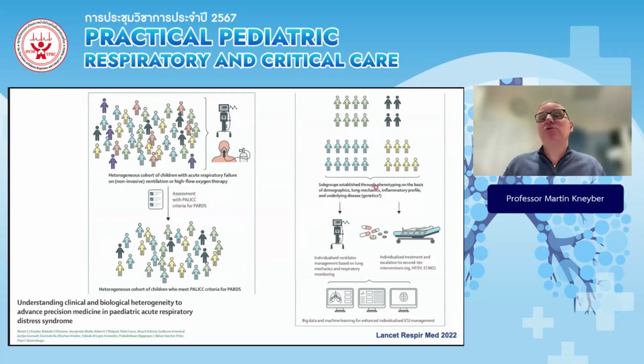So the next step would be to identify subgroups based on demographics, lung mechanics, inflammatory profile, underlying disease, whatever means. This is an area for future research. And only then we identify which patient cohort might actually benefit from our ventilator management. We can apply individualized ventilation and management, individualized treatment, and escalation to second-tier interventions like high frequency or ECMO.